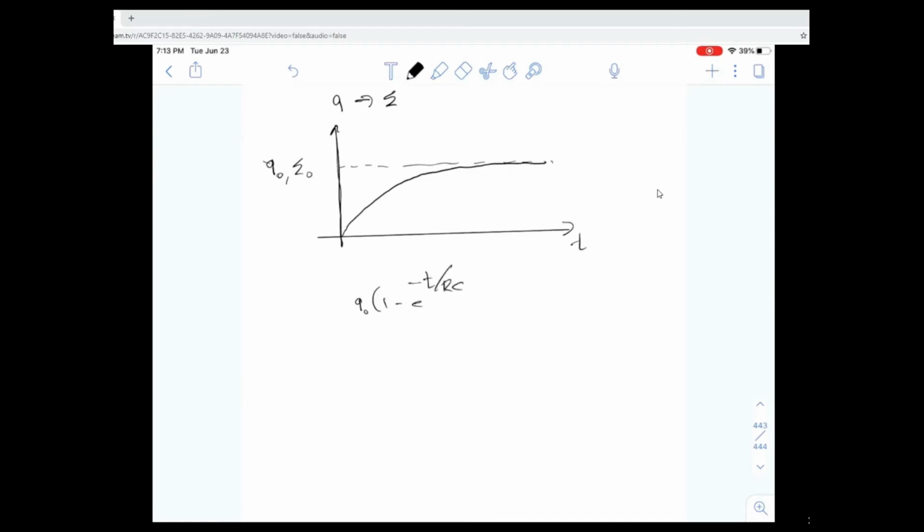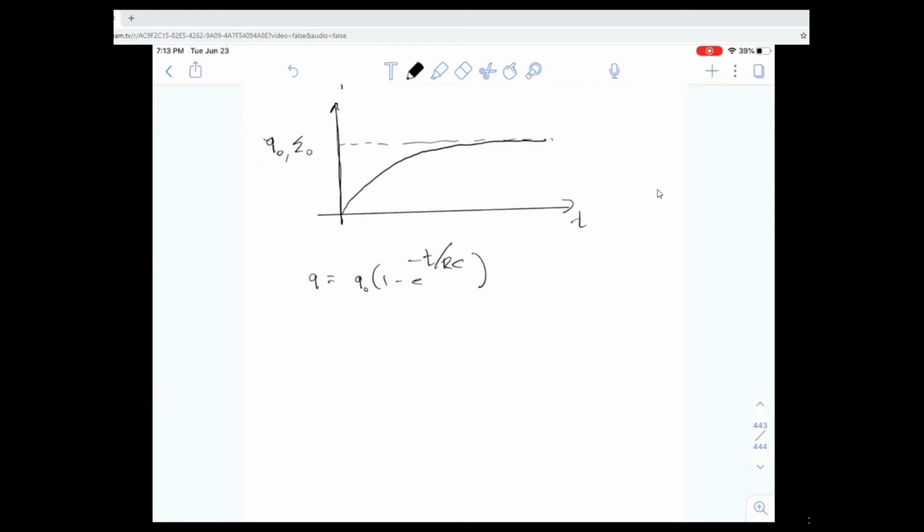This is your capacitive time constant. This is the maximum value that it's going to build up to, or, put differently, the maximum voltage that the capacitor is able to store. I'm giving you two variations; depending upon the multiple choice test question, you have to use one of these equations, and both look the same. This is the value the voltage will have at a given point in time, or the charge it's going to hold at that time.